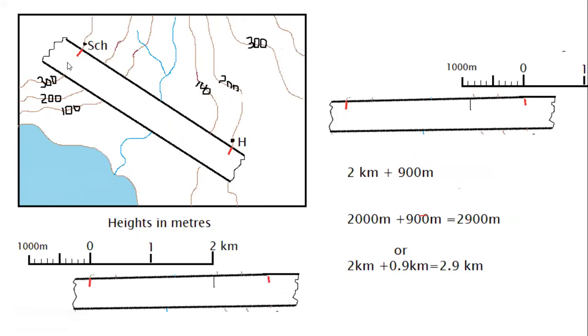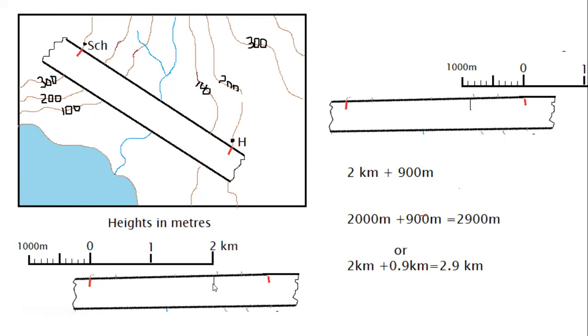So once again, we take our paper, we place it on the map so that it lines up with the 2 points, and we mark off the 2 points. And then we place it on our scale, and we ensure that we start at 0. What we notice is that the length that we marked off exceeds the 2 kilometers.